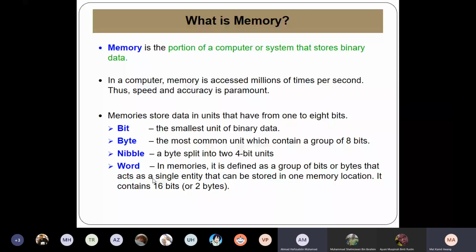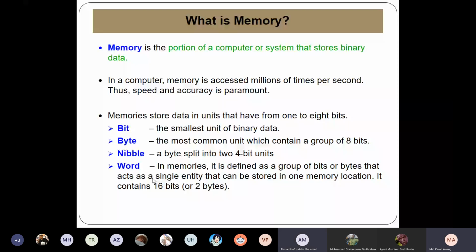These are the terms that you will find in the literature, in the textbook, or in the specifications of a computer. You will find words like bit.